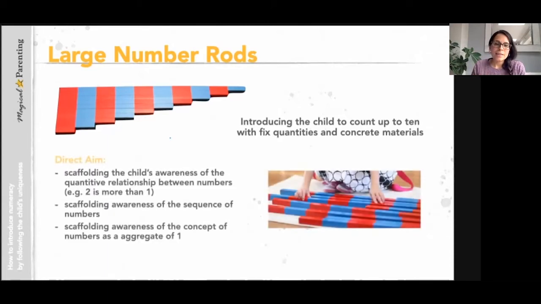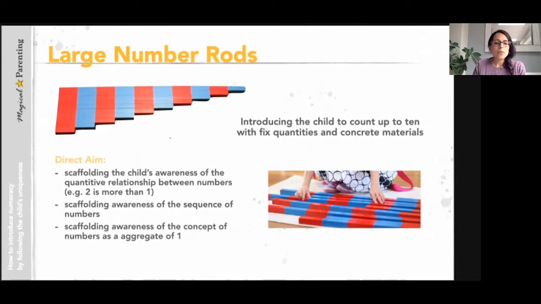In this way, they will be scaffolding the child's awareness of the quantitative relationship between numbers, so they can see that, for instance, 2 is more than 1 and 1 is smaller than 3. As well, the awareness of the sequence of the numbers, so they can see there's like a stair, a sequence 1, 2, 3, 4, 5. Visually, they can see it.